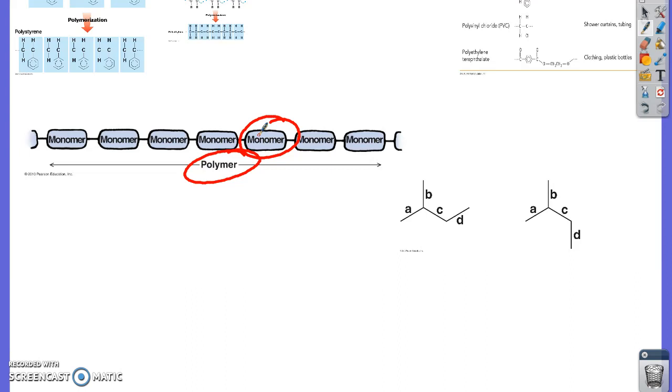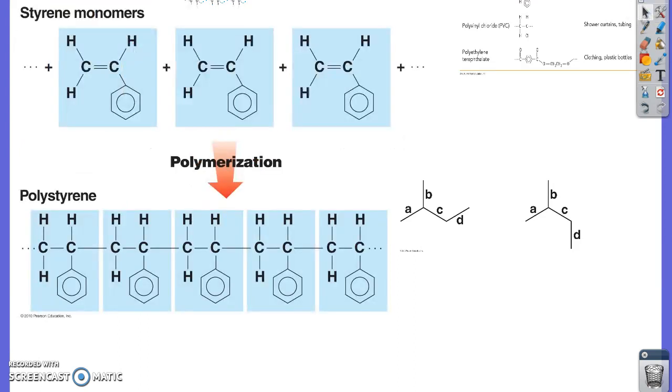Let's look at some examples of these. There are two main groups. There's the ones that are what we call addition polymers. Addition polymers means you take a basic unit and you just add those basic units over and over again to make polymers. For example, styrene monomers are made of two carbons, and then a carbon ring with some hydrogens off of it.